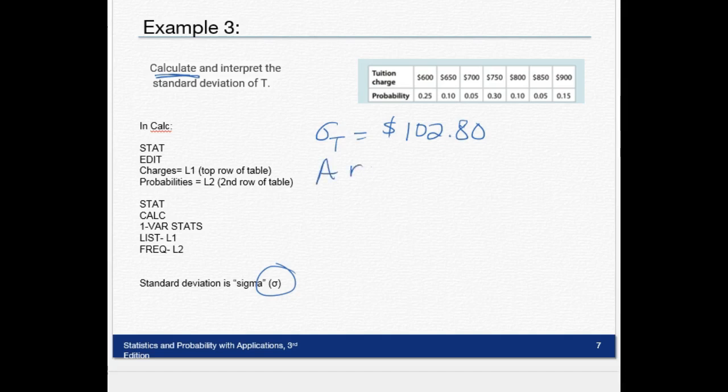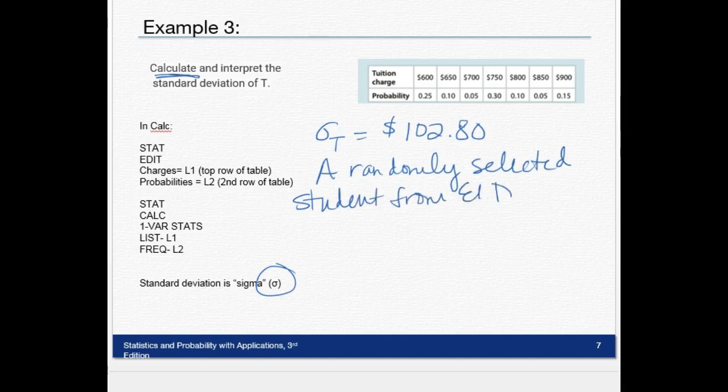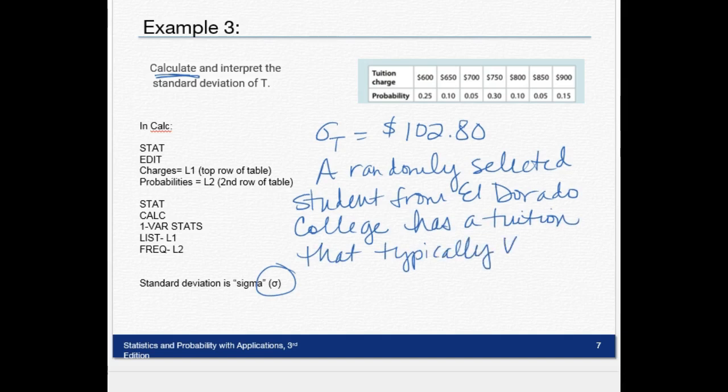It's going to say a randomly selected student from El Dorado College has a tuition that typically varies from the mean by 102.80 cents. Okay? So, a randomly selected student from El Dorado College has a tuition that typically varies from the mean by, and there's my note.